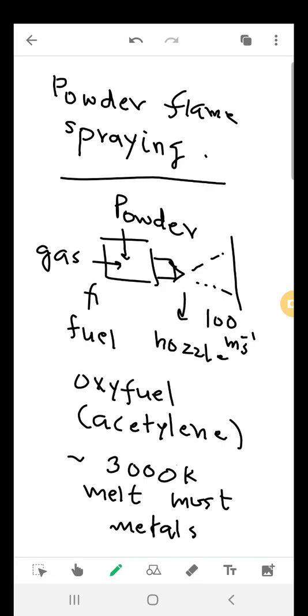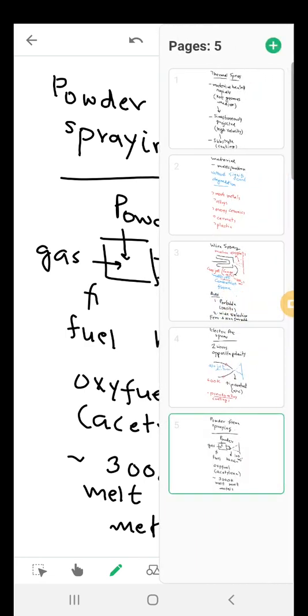Another type of thermal spray is called the high velocity combustion process.